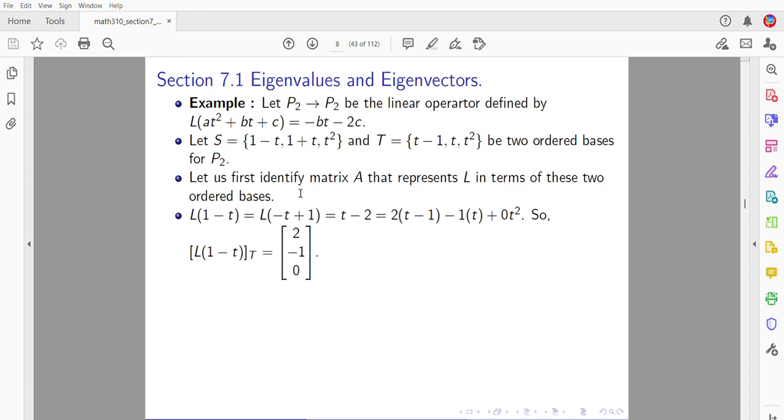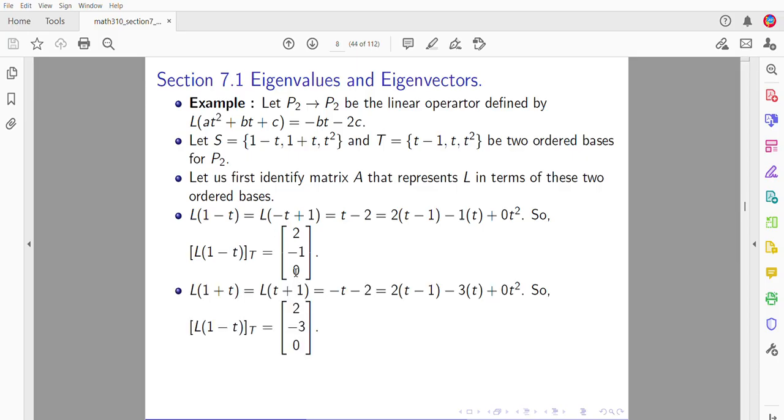L of 1 minus t. So you see I'm looking at vectors from the left. By this formula, L of 1 minus t is nothing but negative t plus 1. By this formula, I get t minus 2. What is t minus 2? It is 2 times (t minus 1) minus 1 times t and 0 t squared. So L of 1 minus t in terms of the right basis, this is the coordinate vector.